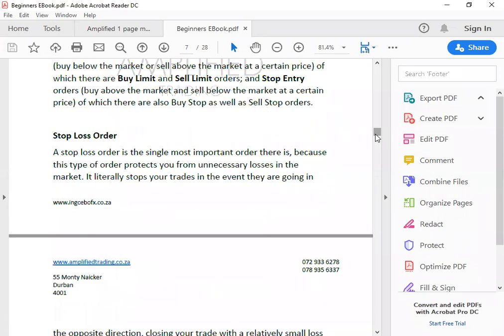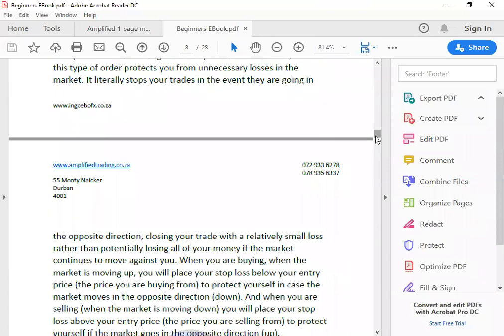Now, the stop loss is one of the other orders that we typically have. It is, to me, the most important one because it actually limits your losses. What would happen in a typical stop loss example would be, let's say you have price at 14 Rand, and over here we have 13 Rand, and over there we have 15 Rand.